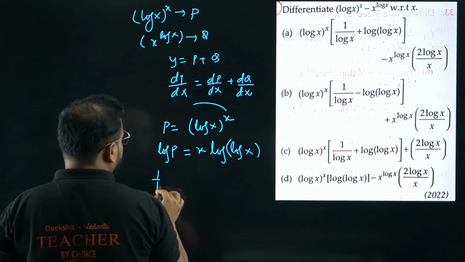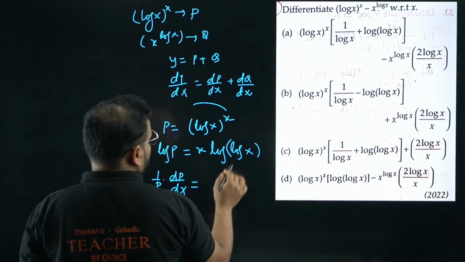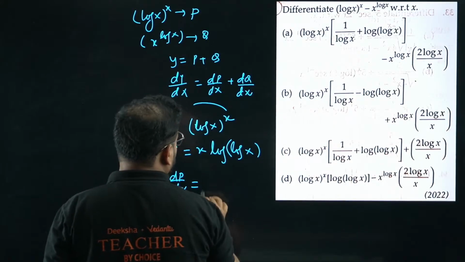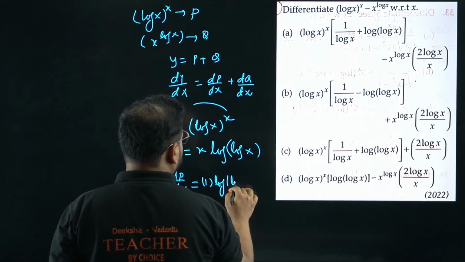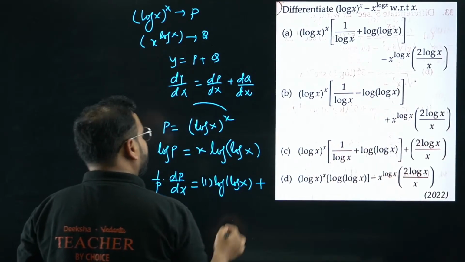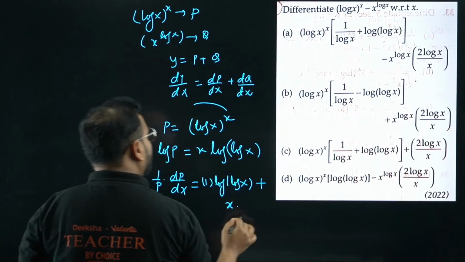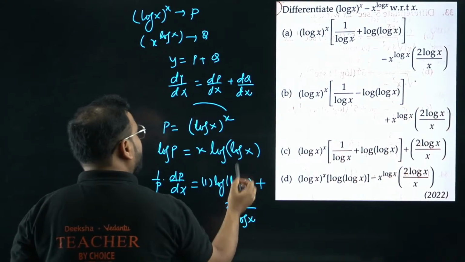Differentiate now. You'll have 1 by p dp by dx. You have to use the product rule over here. x will become simply 1. So you'll have 1 into log of log x, plus sign will come of course, and over here you keep x as it is. Differentiate this log, you get 1 by log x. Then to differentiate this log x, you get 1 by x.